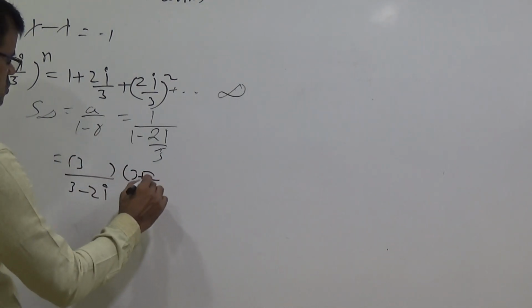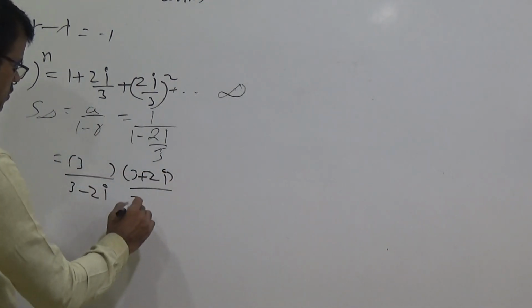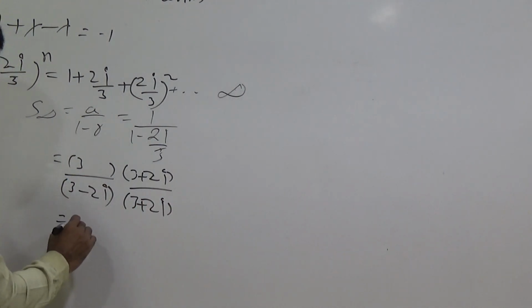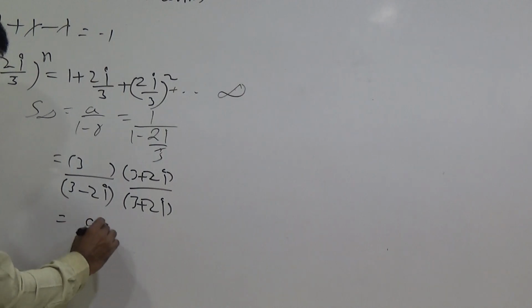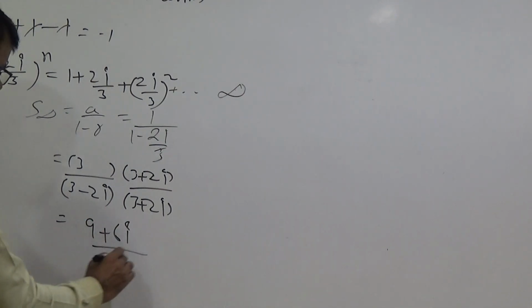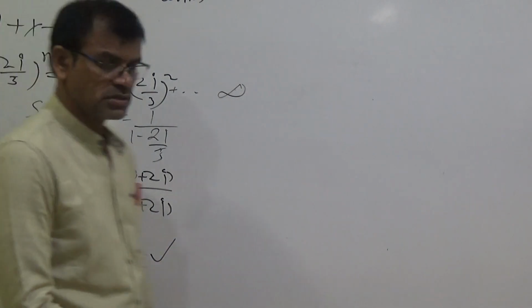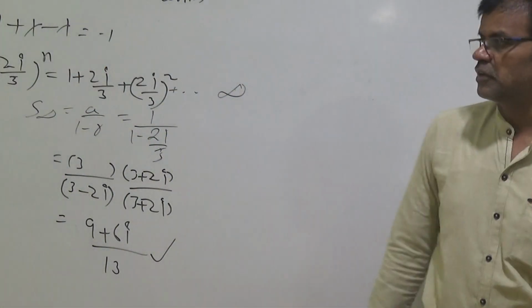Rationalize with 3 plus 2i. You can understand here 3 3s are 9, plus 3 into 2i becomes 6i, by a square plus b square concept, 9 plus 4, it is 9 plus 6i by 13.